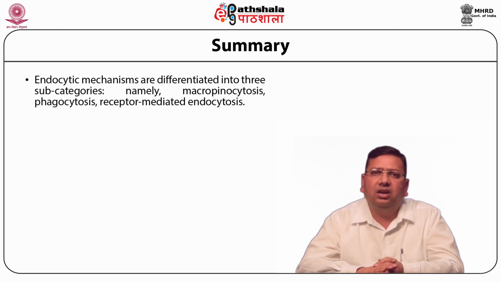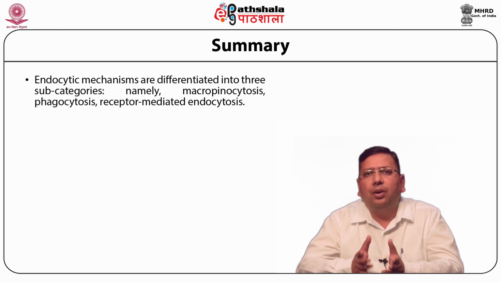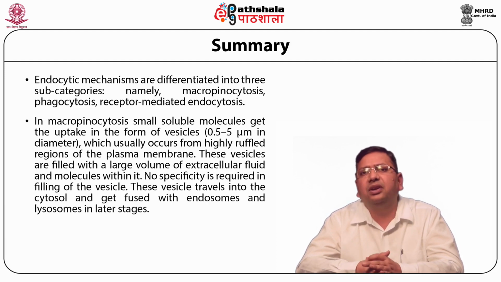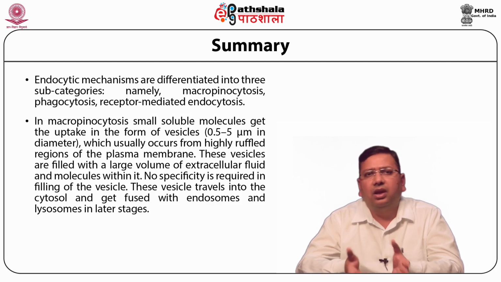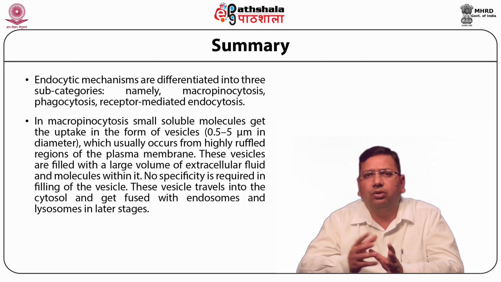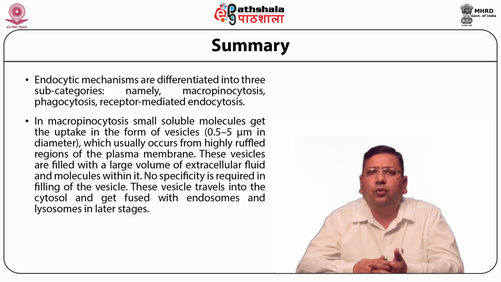Endocytic mechanisms are differentiated into macropinocytosis, phagocytosis, or receptor-mediated endocytosis. In macropinocytosis, small soluble molecules are taken up in the form of vesicles, which generally have a diameter of 0.5 to 5 micrometers and usually arise from highly ruffled regions of the plasma membrane.